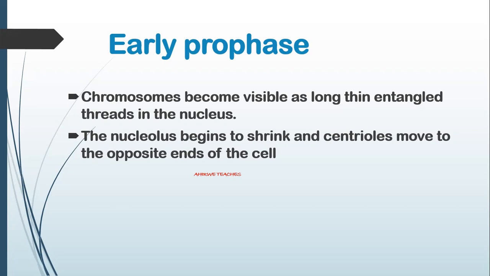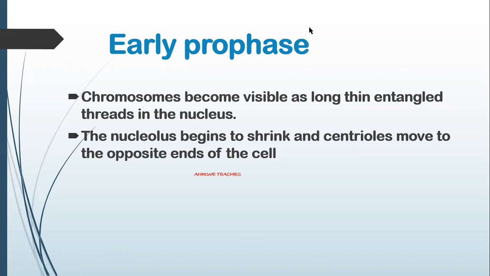The nucleus begins to shrink and centrioles move to the opposite poles. Remember, in interphase, the centrioles replicated, divided to form two centrioles. Now, in this prophase, our centrioles will begin to move towards the opposite poles.